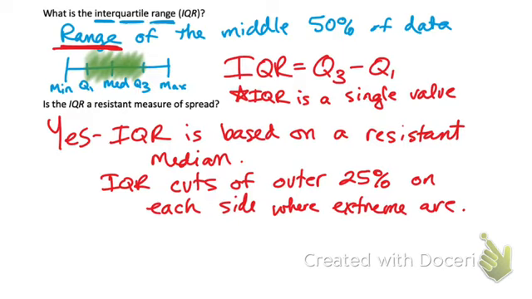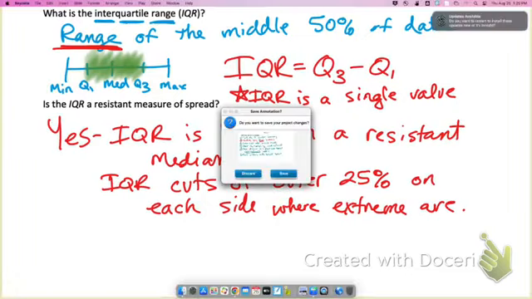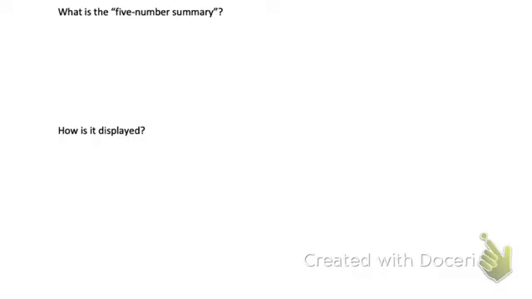What questions do you guys have about IQR? Absolutely nothing? Easiest thing you've done all year? All right, cool. Let's talk about the 5-number summary. Any guesses what values comprise the 5-number summary? I've shown them to you a lot. The median is one of them.